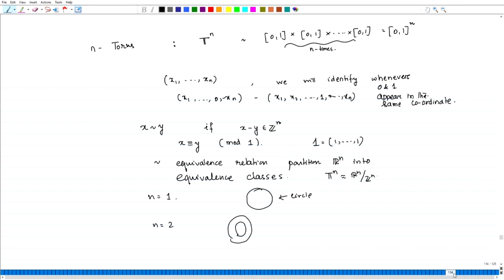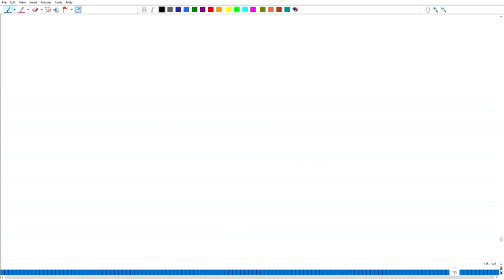While doing Fourier analysis, what we have seen is that we need the structure of a group. Now, this T^n we can consider as an additive group with the sum modulo 1, exactly as in dimension 1.